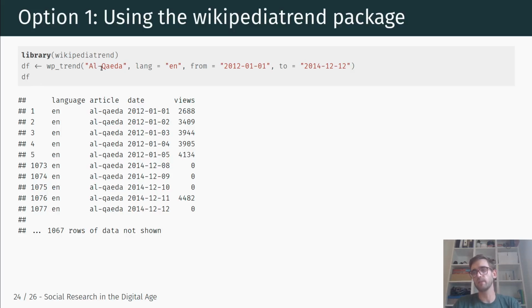So basically what you'll have to do is get the trends for all these articles and combine them, and then create averages for each month from January 2012 to December 2014. So you have enough time before and after this cut point of June 2013. So this is fairly straightforward.